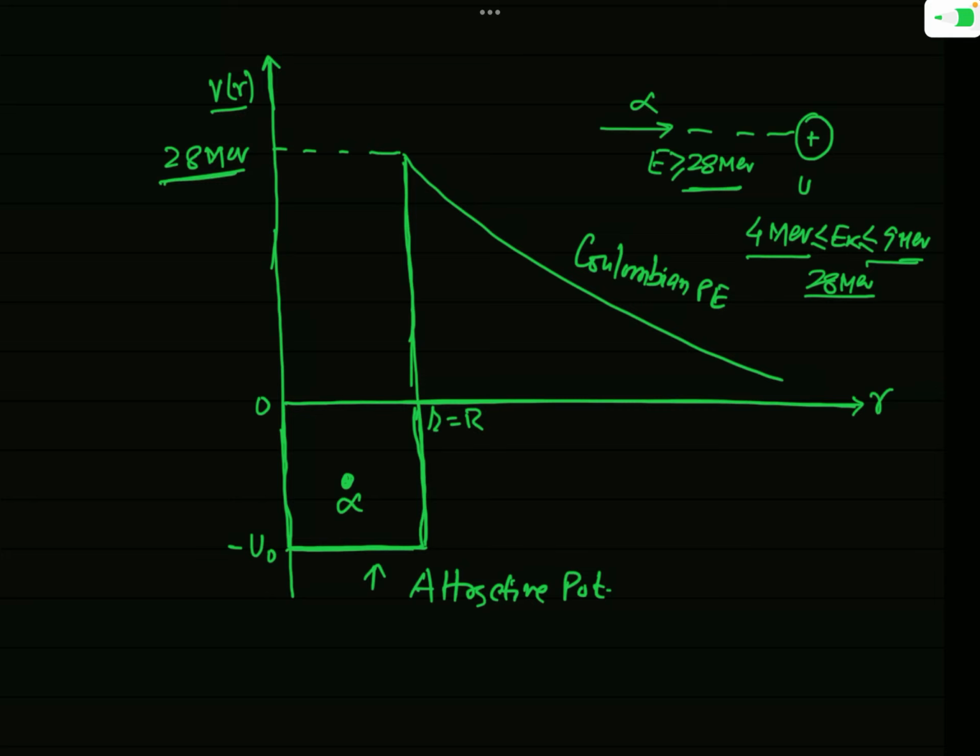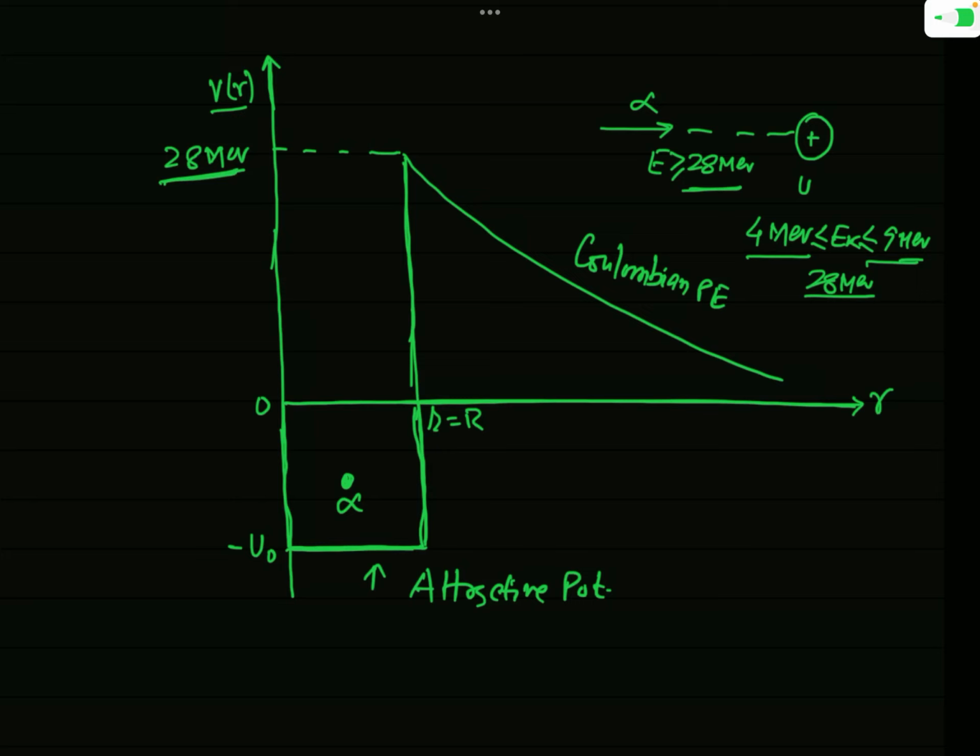But this alpha particle does not have an energy equal to 28 mega electron volt; its energy is much smaller than 28 mega electron volt. So according to classical mechanics, an alpha particle inside the nucleus cannot escape from the nucleus. So alpha decay is not possible according to classical mechanics.